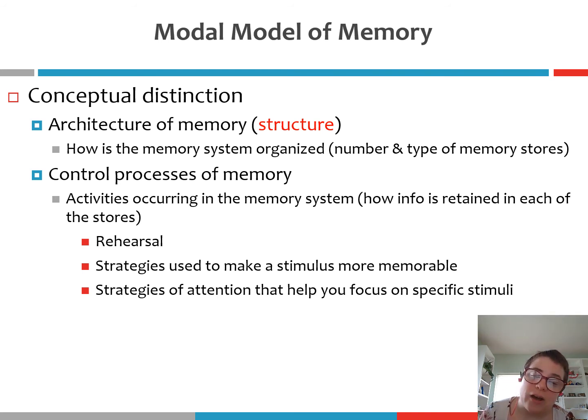And then they also distinguish between structural features and what are called control processes, which are just activities occurring within the memory system that allow the information to be retained in each of the memory stores and also to pass through each of the memory stores, right?